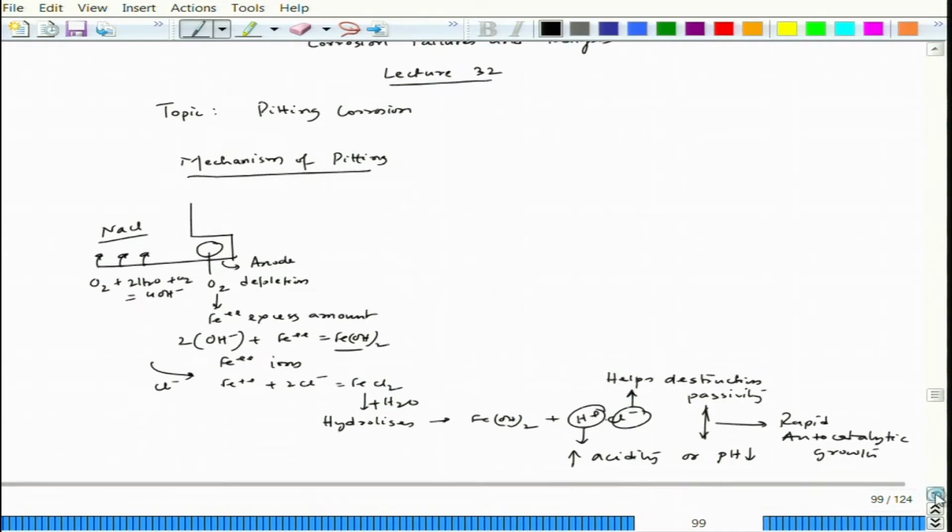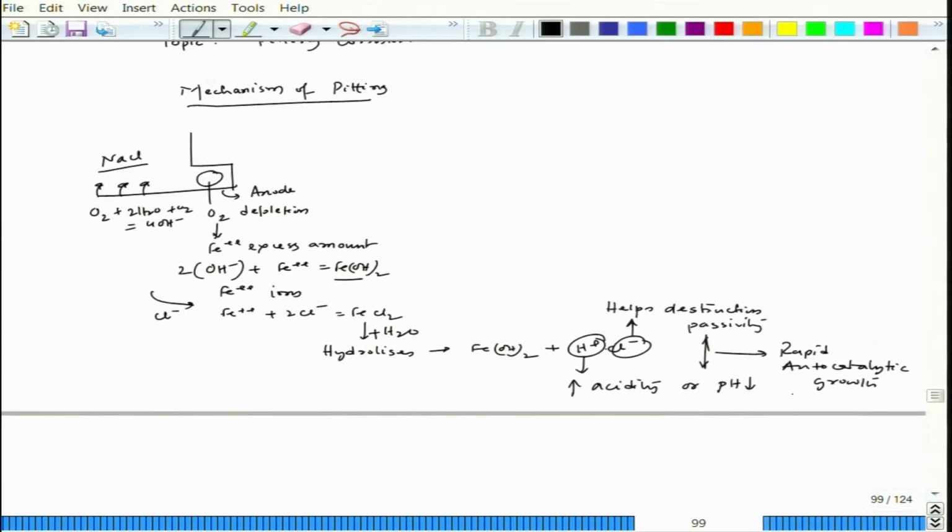of crevice corrosion. Okay. So that is the mechanism we have seen in case of crevice.